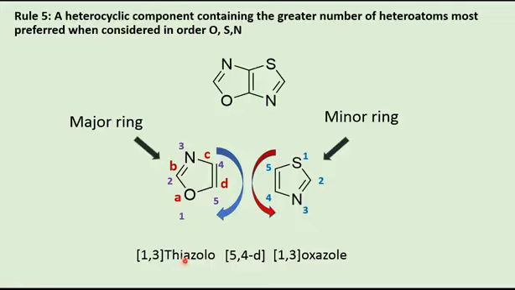So 1,3-thiazole means that after splitting into the individual rings, the positioning of the heteroatoms is 1,3 in thiazole and 1,3 in oxazole, and the fusion is happening across the 5, 4 atoms of the minor ring and the d bond of the major ring. This is the way we need to understand it. Even if you remove 1,3, it doesn't matter.